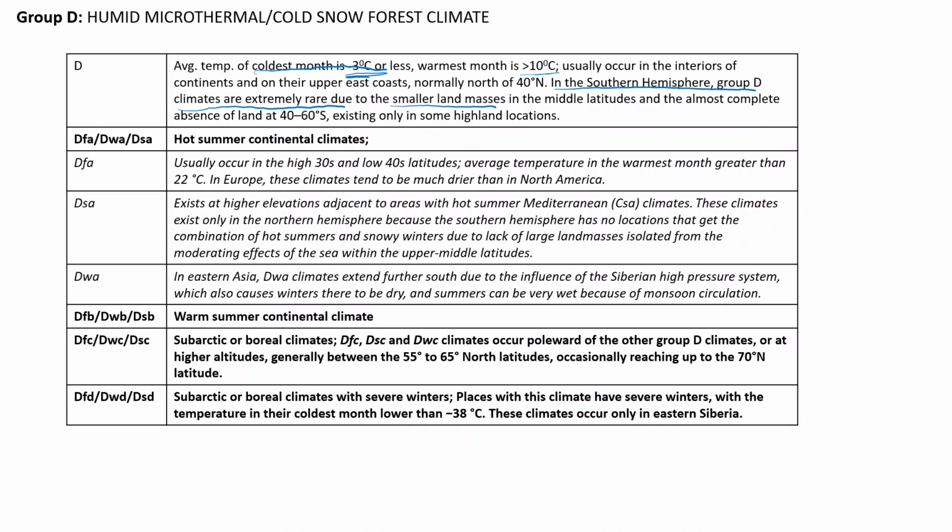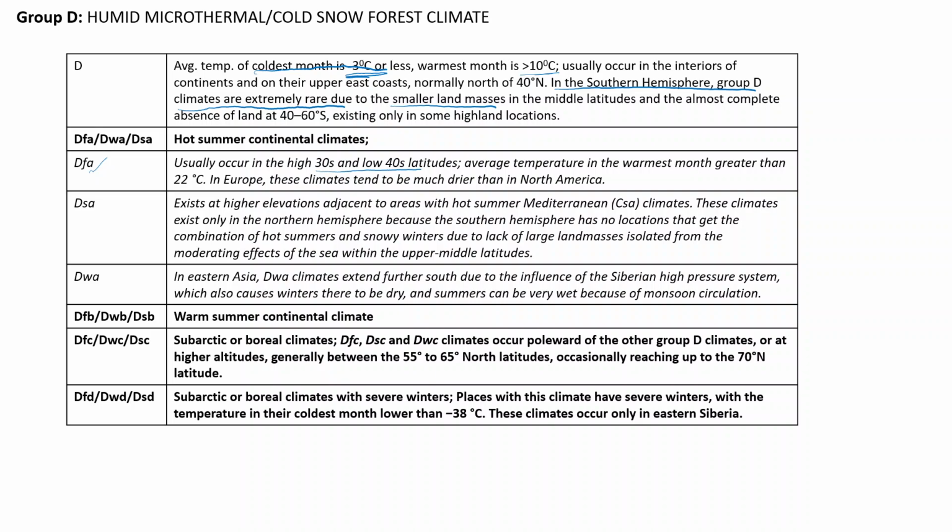So here in the high 30s and 40s latitudes, the average temperature in the warmest month is greater than 22 degrees Celsius, because here we have A. A, in this case, stands for hot summer, B stands for warm summer, and C stands for cold summer. While in the case of group D, in place of the third alphabet, another alphabet is added, that is D, which is very cold winters.